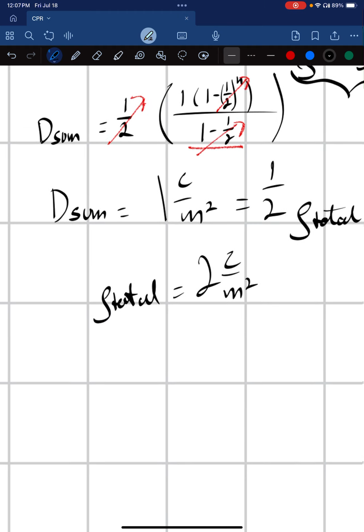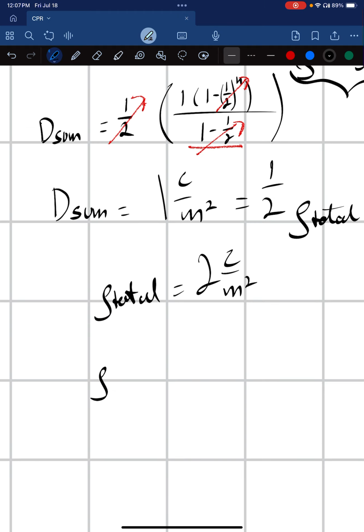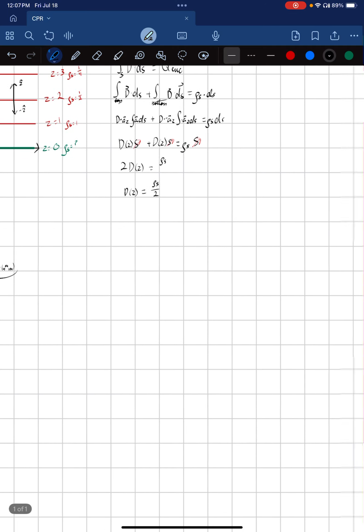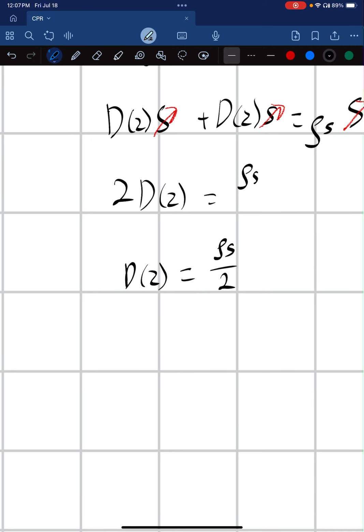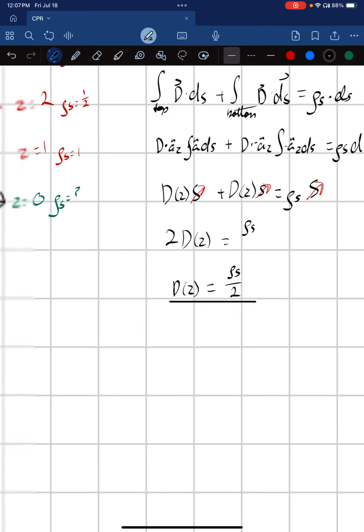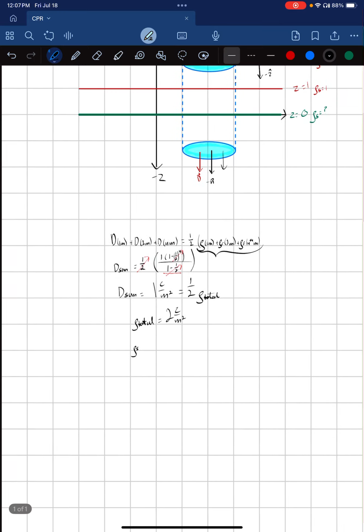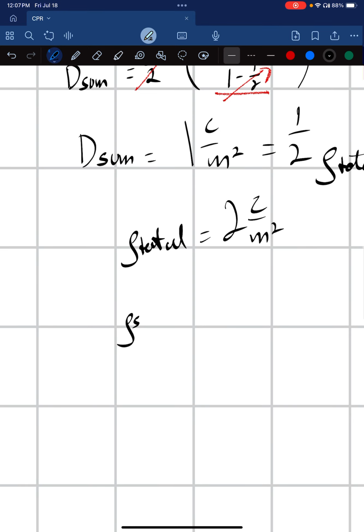And we know that the equation for the electric flux for an infinite sheet is just this, so we can use this again down here and say that they're equal, so that rho sub s is equal and opposite, I should say.